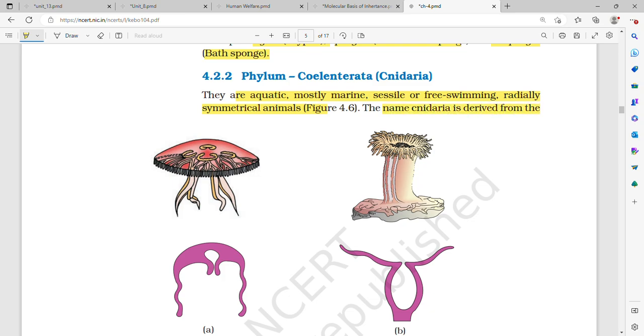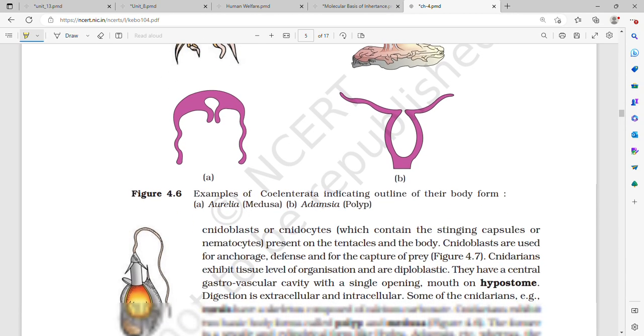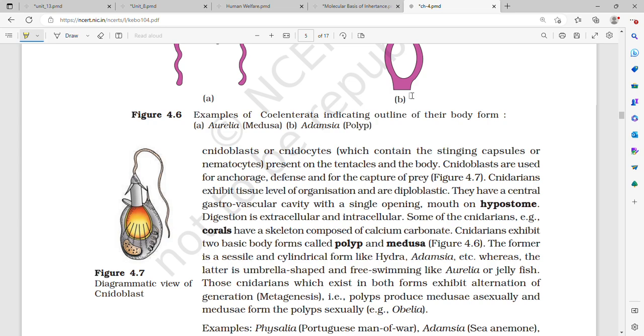The name Cnidaria is derived from cnidoblasts or cnidocytes, which contain stinging capsules, or nematocysts, present on the tentacles and the body. Cnidoblasts are used for anchorage, defense, and for capture of prey. Cnidarians exhibit tissue level of organization. They are diploblastic.